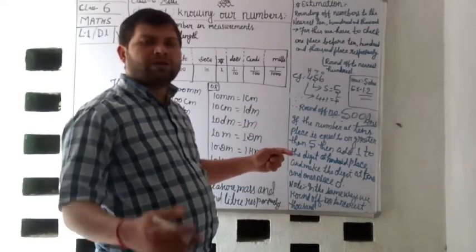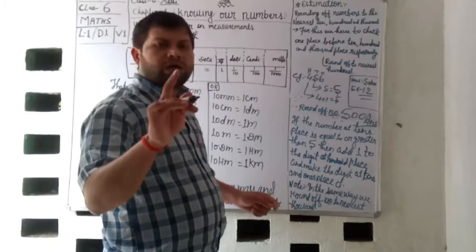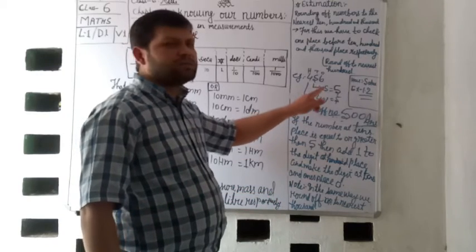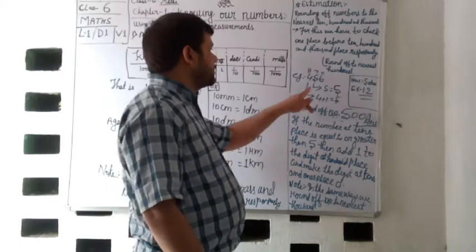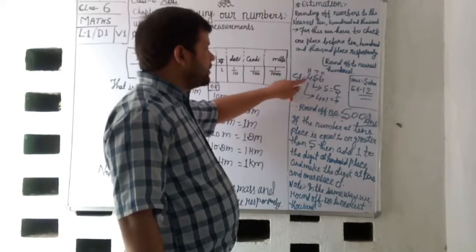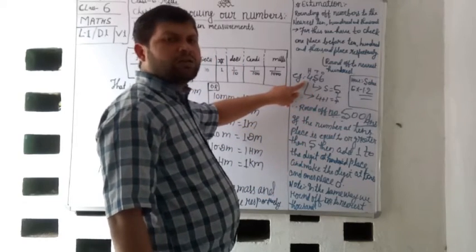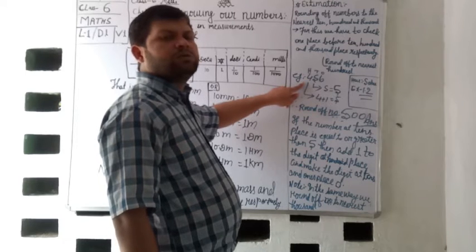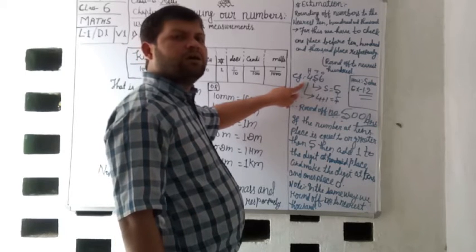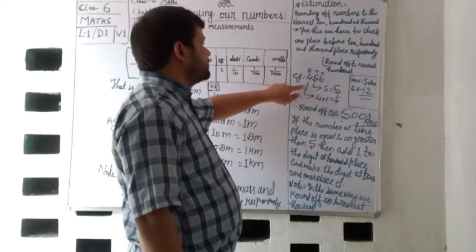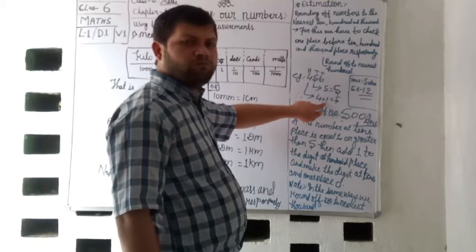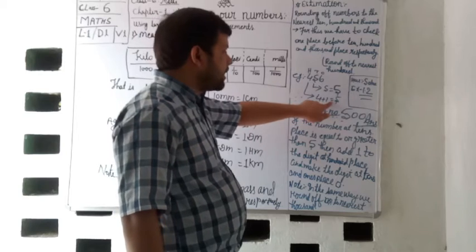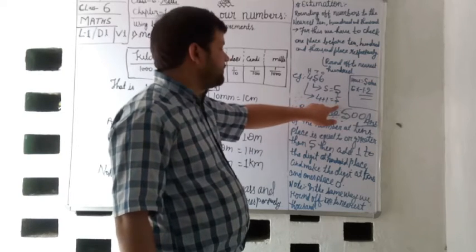So what is the rule? The rule is, if the digit is equal to or greater than 5, then we have to add 1 to the digit at the hundreds place. So we add 1 here and we get 5.